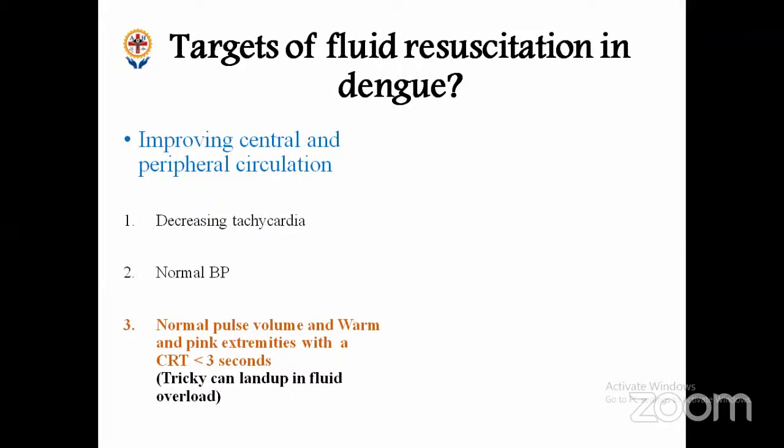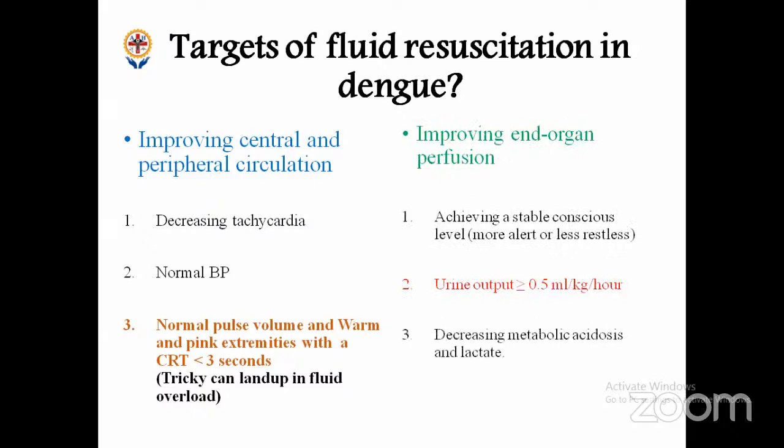I even accept 5 seconds of CRT, low normal pulse volumes, and cold peripheries in the critical phase, if my BP is normal, my urine output is more than 0.5 ml per kg per hour, and my lactate is maintaining in the same range, not increasing. If lactate is maintaining in the same range and urine output is more than 0.5 ml per kg per hour, that means your vital organs are perfusing well, but your skin and muscle are not perfusing well.